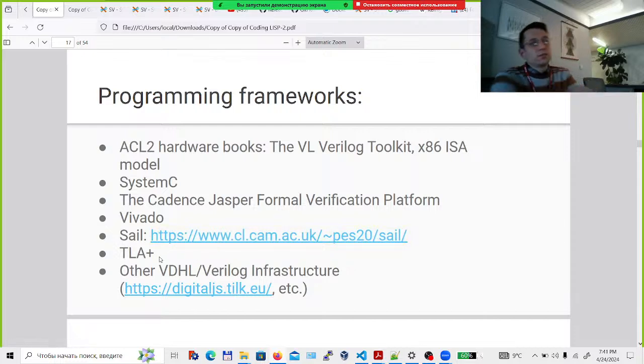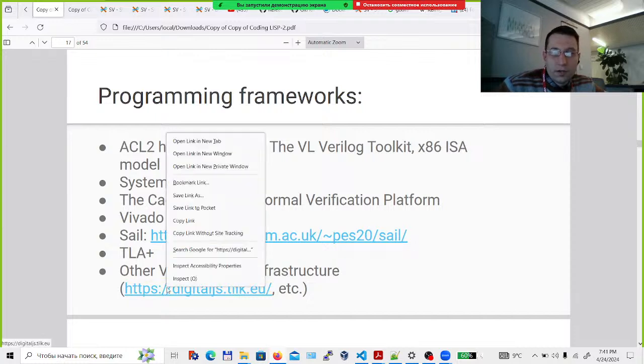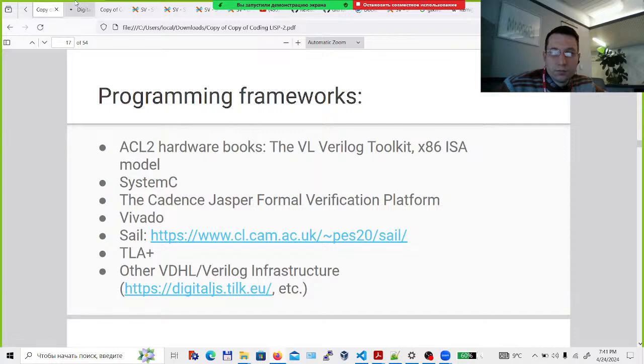TLA+ is a very commonly used model checker. It's famous among engineers, and mostly it's used for distributed systems, concurrent systems, and some kind of abstract modeling for software. Other VHDL and Verilog infrastructure you can find via those links.